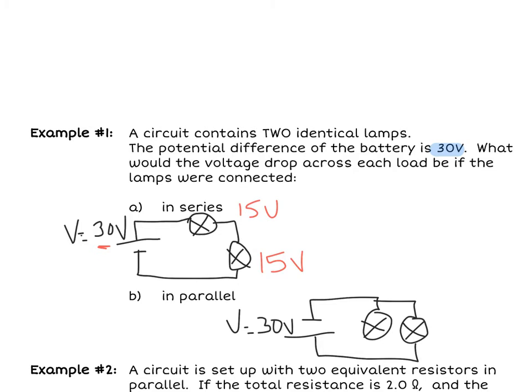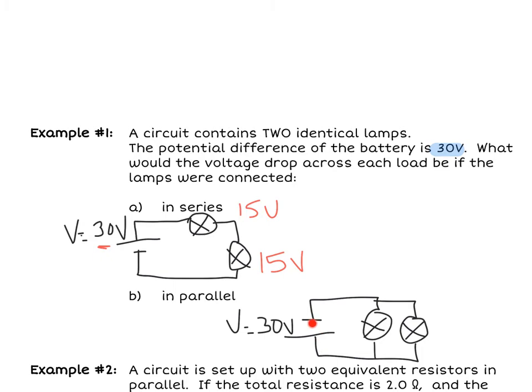Oops, look at this circuit. I haven't quite finished it. I need to do that. There we go. So I know that an electron traveling through this pathway has to lose all of its energy in that one lamp. And an electron traveling through this secondary pathway also has to lose all of its energy through that one lamp.